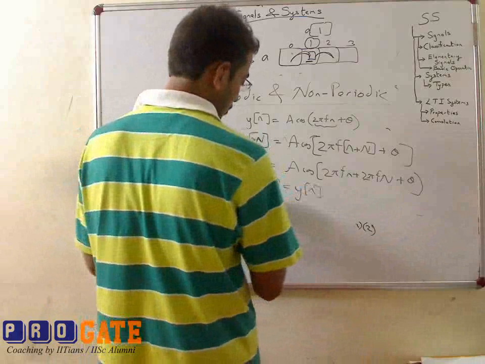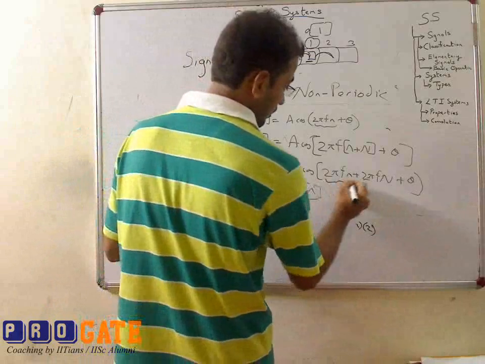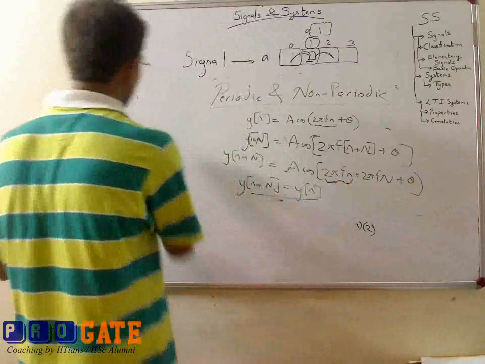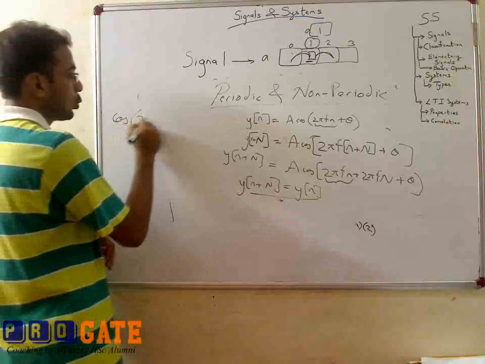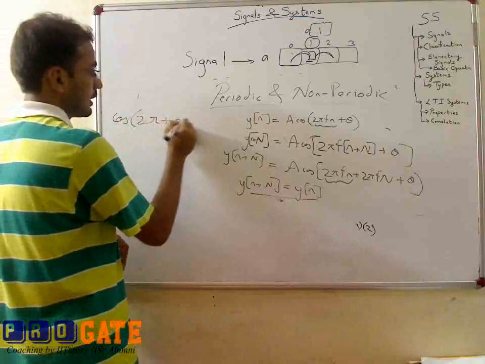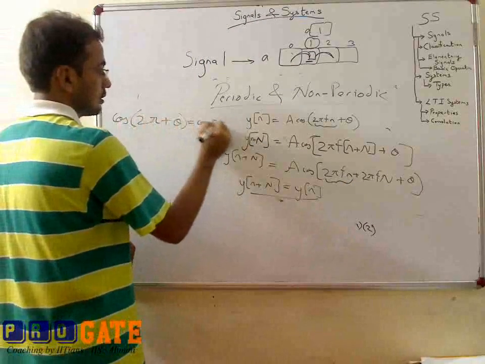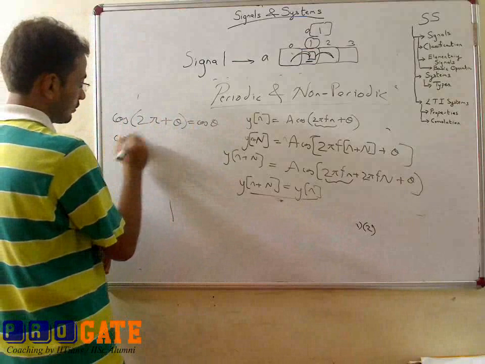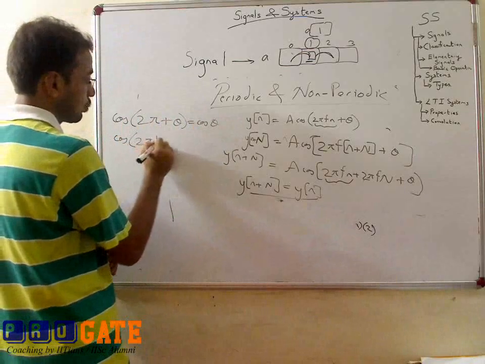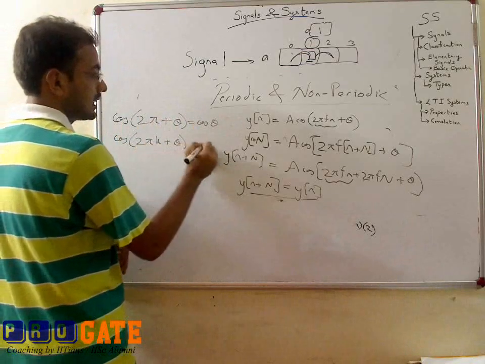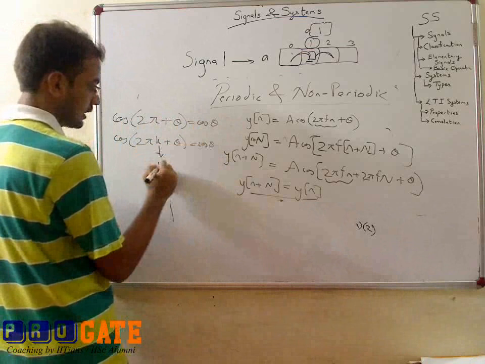So for this condition to be satisfied, this factor, like cos of 2 pi plus theta is cos theta, or in general, if you write it in terms of 2 pi k plus theta, where k is any integer.